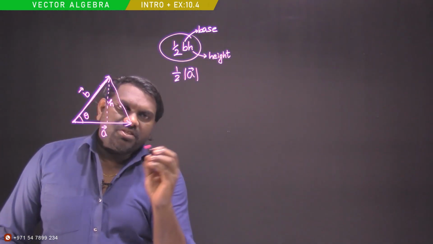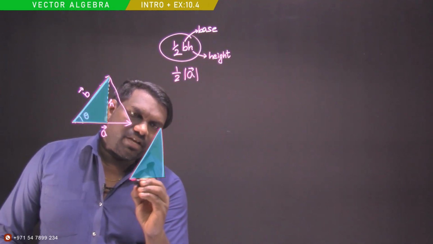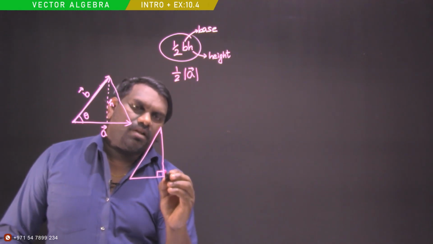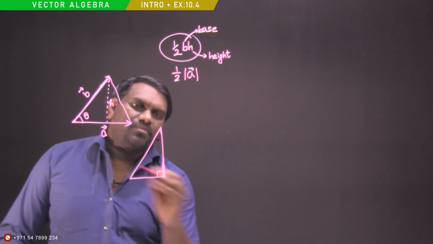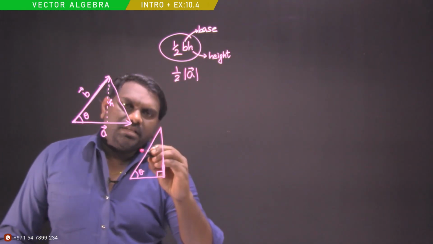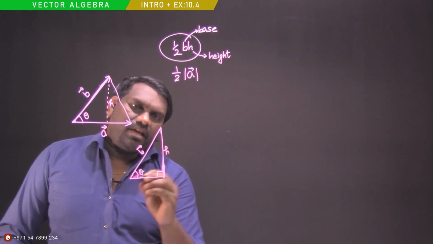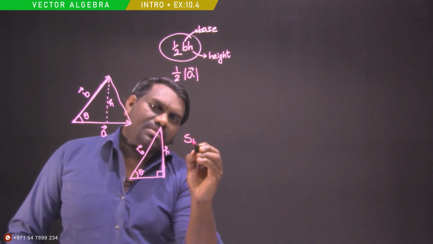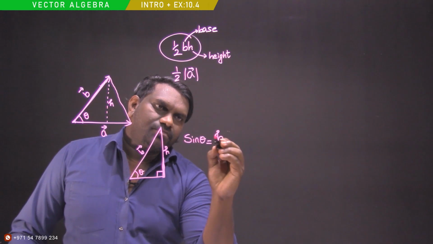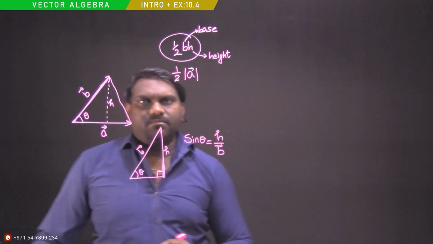What is h here? If I draw the triangle like this, dear, you know that's a right angle triangle, because we are looking at the perpendicular height. Yes, that's 90 degrees. So this angle is theta. This is b, the hypotenuse, so what is h then? H is the opposite side, so sin theta is equal to h, which is opposite, by the hypotenuse, which is b.